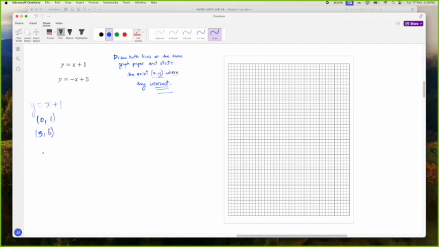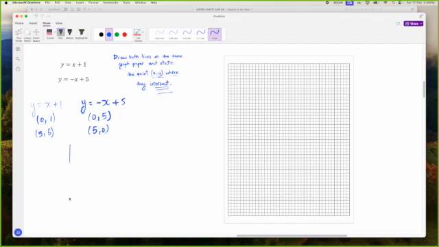Look, I have this next one. Y is equal to negative x plus 5. So if x was 0, y will be 5. And if x was 5, then minus 5 plus 5, y would be 0.